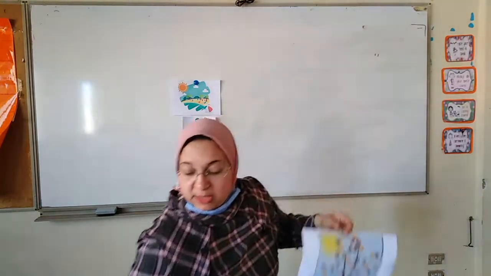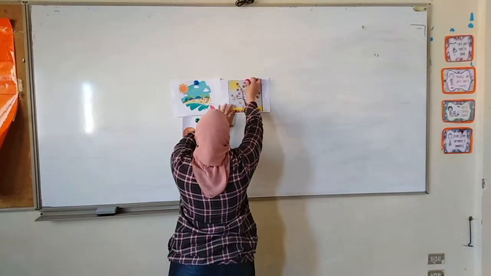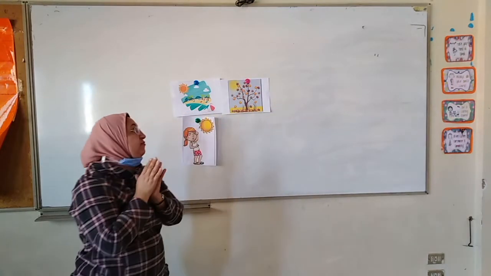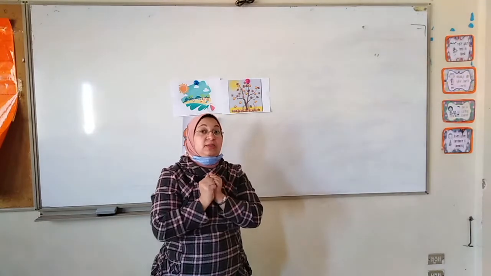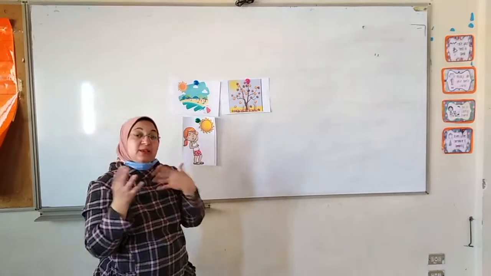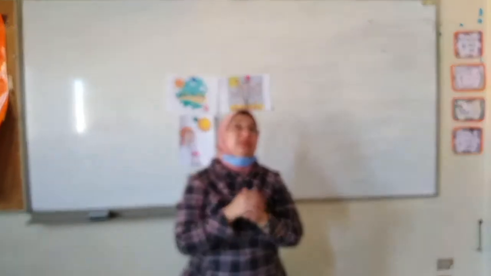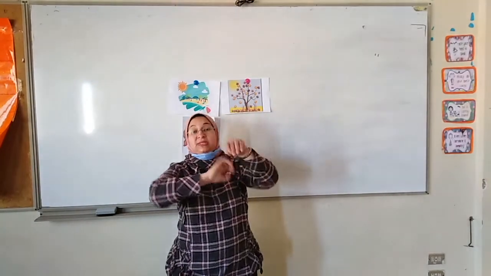That's why we call this season fall. In the fall season, it's a little bit cold. It's not very cold like the winter, but again, it's not very hot like the summer. We can wear cotton clothes, but with long sleeves.